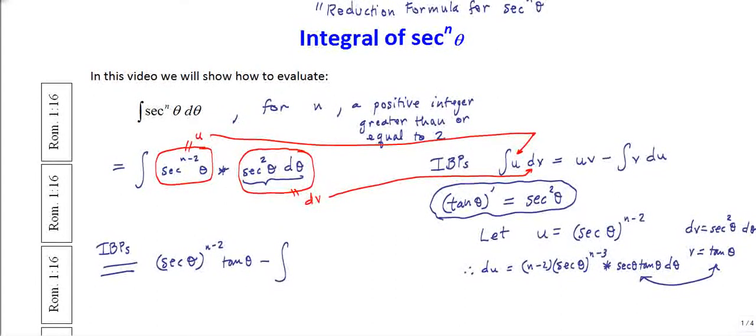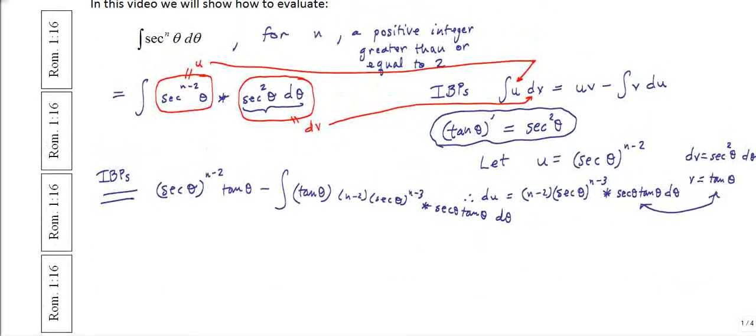So v is tangent of theta, times all of this other stuff, so it's going to be times n minus 2 times secant of theta to the n minus 3 times secant of theta times tan of theta d theta.